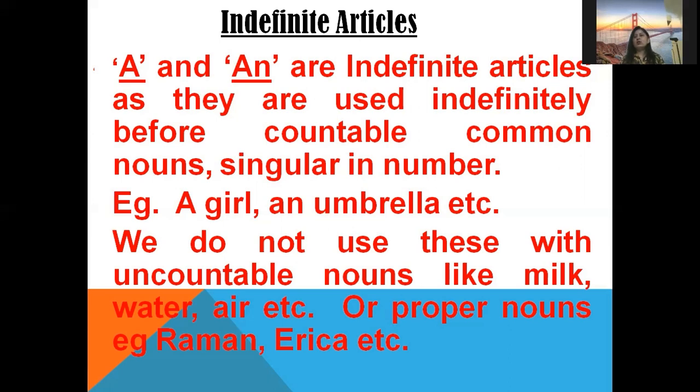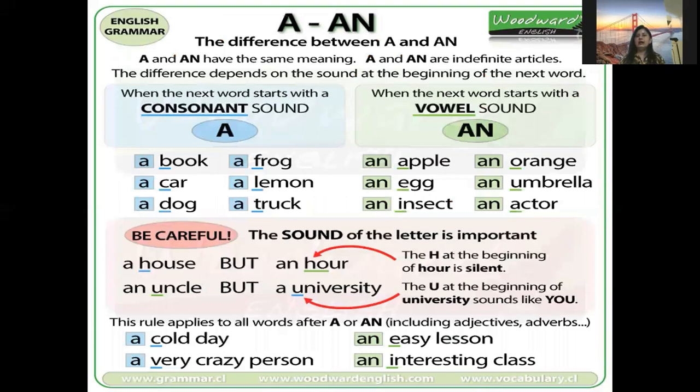Now let us understand the difference between a and an, where to use a and where to use an. These a and an have the same meaning. Both are indefinite. We use them for a single noun only, but the difference is that we use them differently depending upon the sound at the beginning of the noun. If the noun starts with a consonant sound, we use the article a.